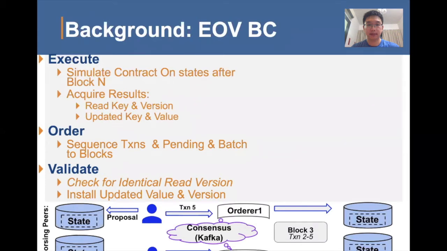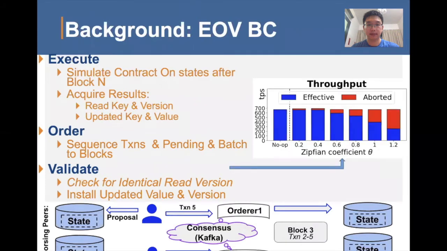We observe that with the increase of the skewness of the modification transaction, a substantial fraction of transactions are aborted. Worse still, the overall throughput remains constant due to the inherent system bottleneck. This observation illustrates the necessity to streamline the transaction schedule to reduce the transaction abort.